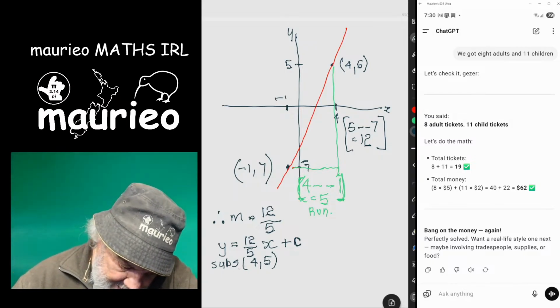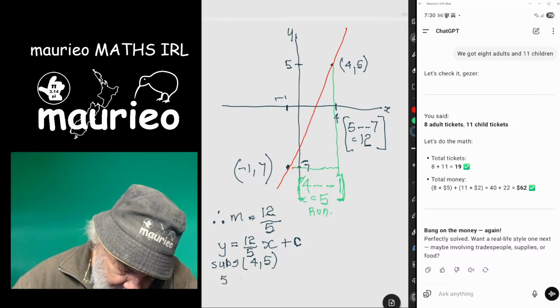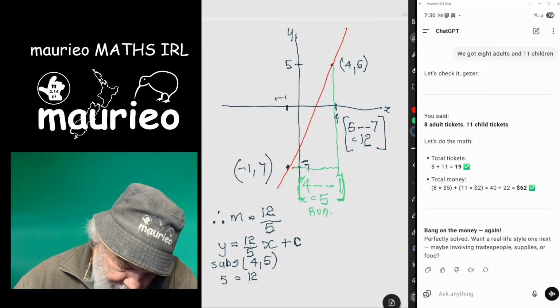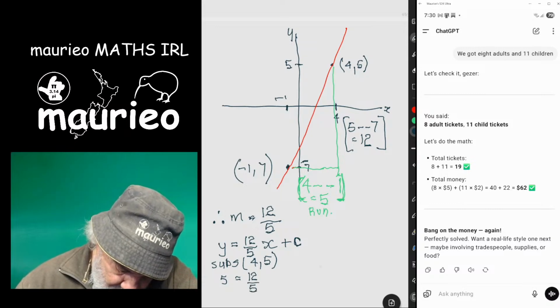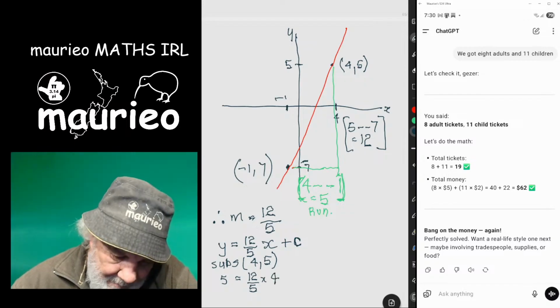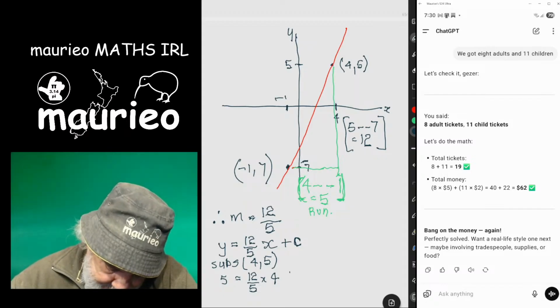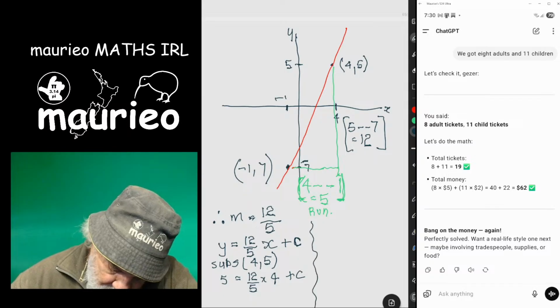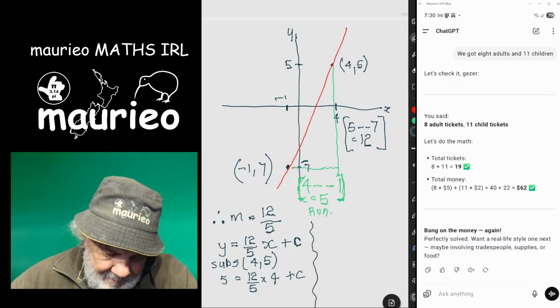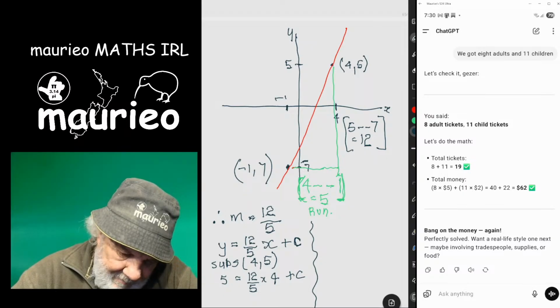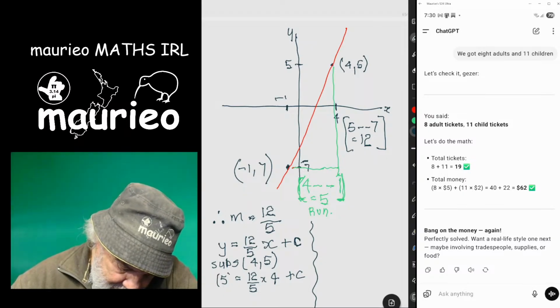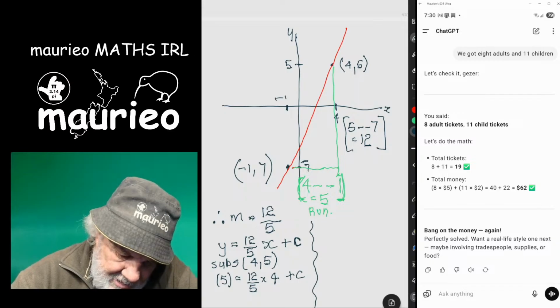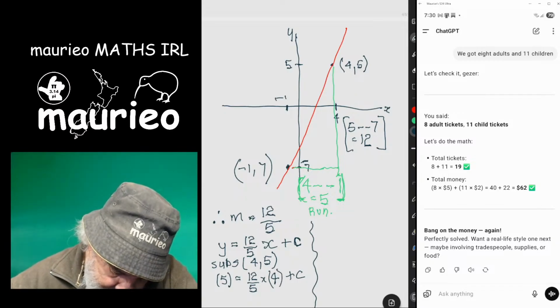And so we get 5 equals 12 over 5 times 4 plus c. Right? Y is 5, substituted in. X is 4, substituted in.